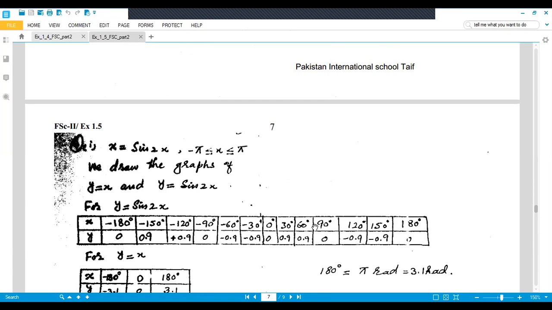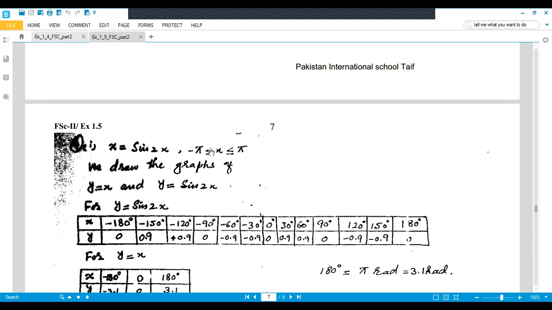Find the graphical solution of the following equation. You have been given only this equation and you have to find its graphical solution. So x is equal to sine 2x, where for sine, the function is defined between minus 180, minus pi, to positive pi.